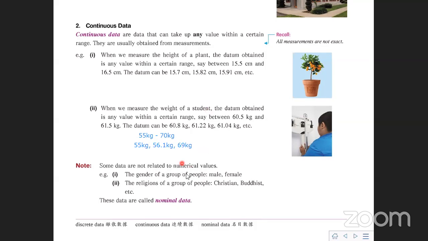Of course, there is another kind of data which is not expressed in terms of numerical value. For example, the gender, whether you are a boy or a girl. Our religions, whether you are Catholic or you believe in Buddhism, or very common.